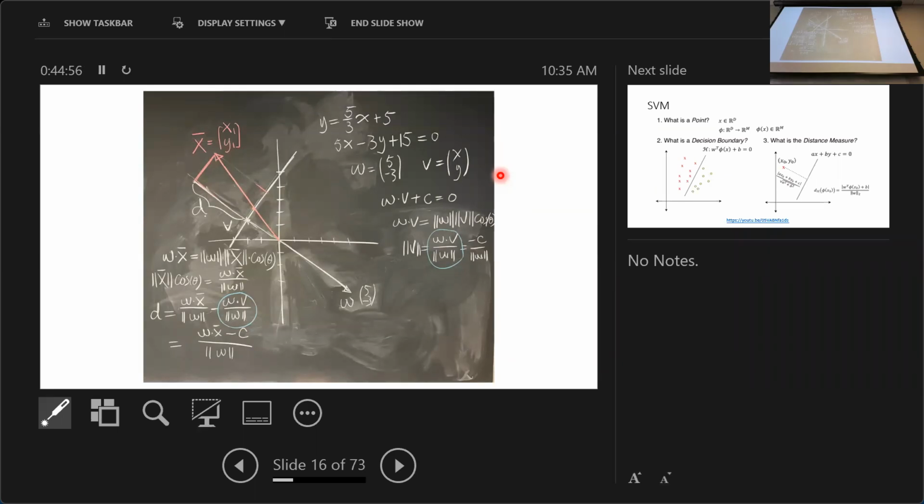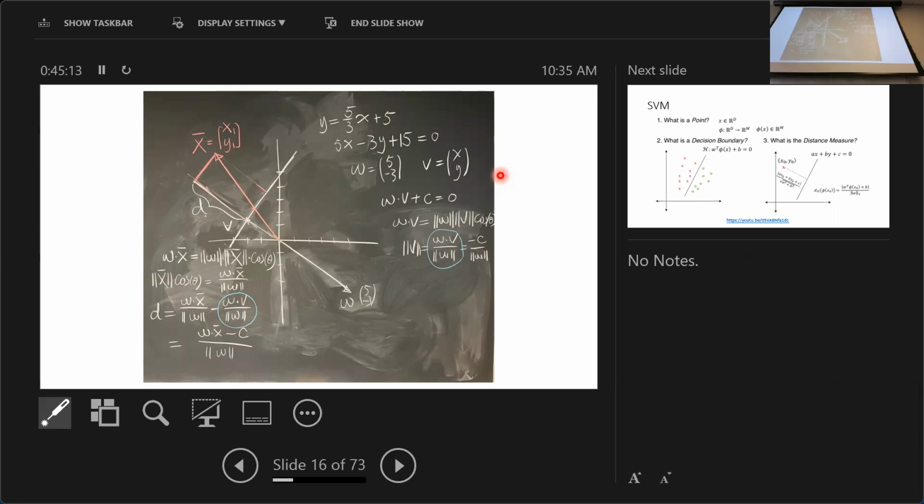If you move this to the other end and then divide by the norm of W, the norm of V is C divided by this. Okay, so that's what I want.